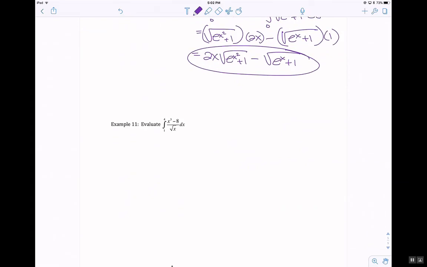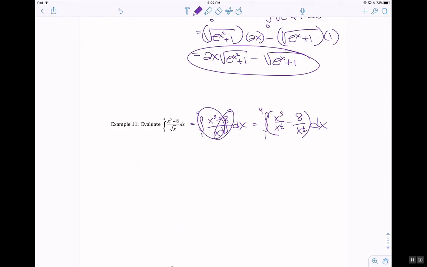Next one is just a basic antiderivative. So I'm going to change my root x to be x to the 1/2 power. And then I'm going to divide both terms by it. So I get the integral from 1 to 4 of 4x cubed over x to the 1/2 minus 8 over x to the 1/2, and then dx. And then I subtract my exponents.